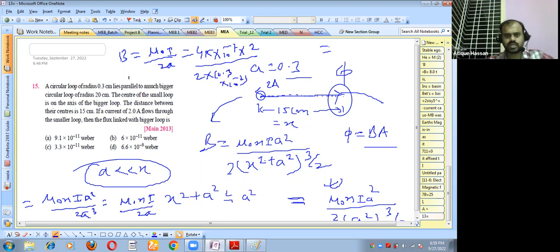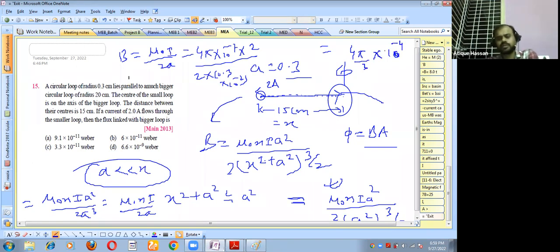So the magnetic field will be around 4 pi by 3 into 10 to the power minus 4.